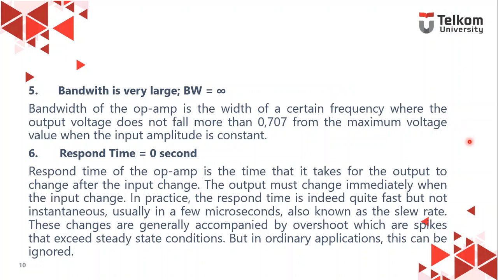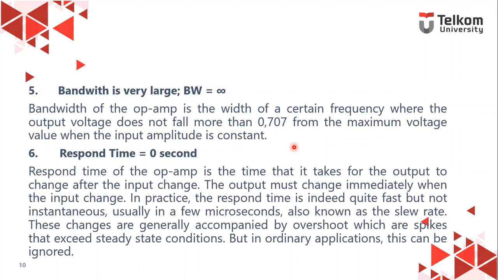Sixth, response time equals to 0 seconds. Response time of the op-amp is the time that it takes for the output to change after the input change. The output must change immediately when the input changes.